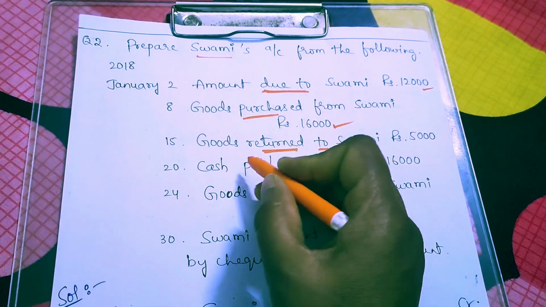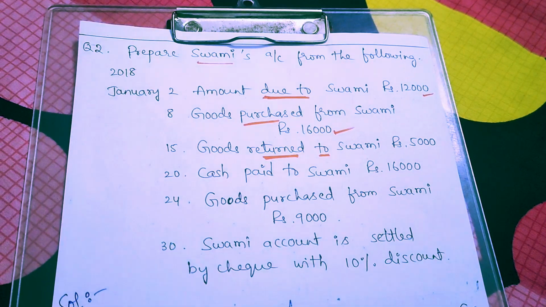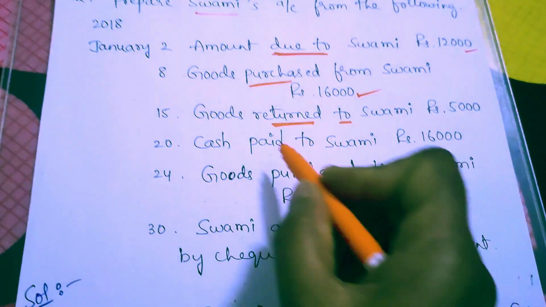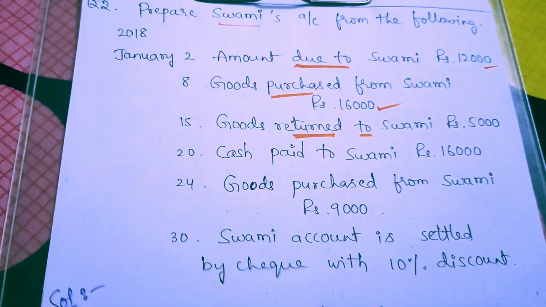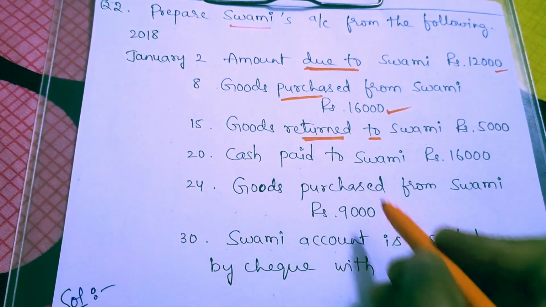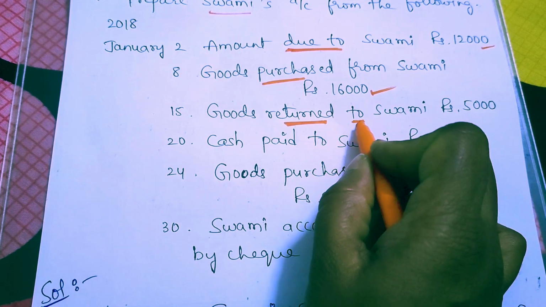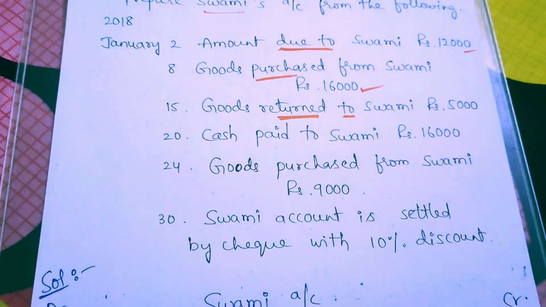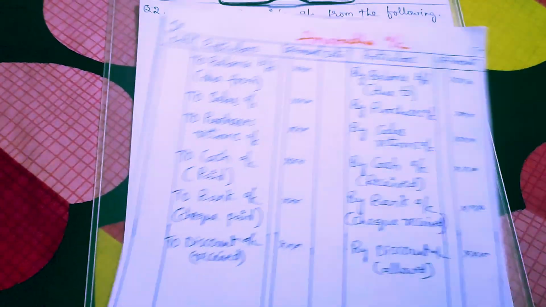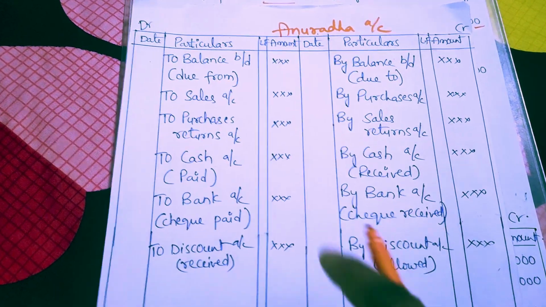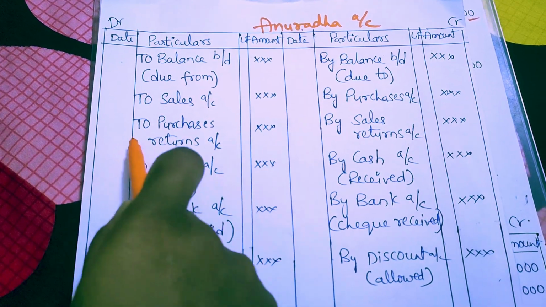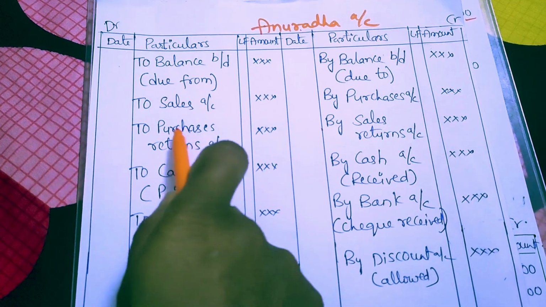Okay. That is a way that we have to understand. But if anyone is unable to understand in that way, so what you have to do? You have to look into the word to, so that you will understand it. Okay, returned to. If you see the word to after returns, it is purchase returns. So where we will write purchase returns? Look into the format. Debit side. Purchase returns on the debit side.